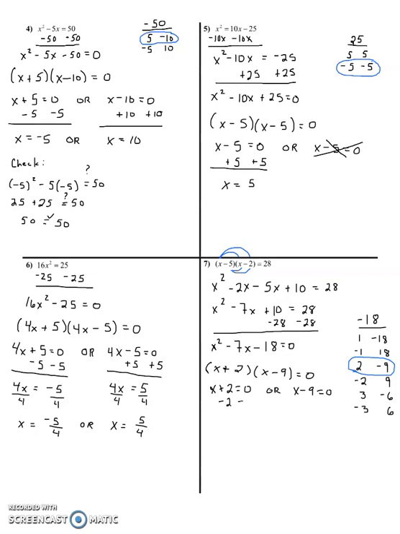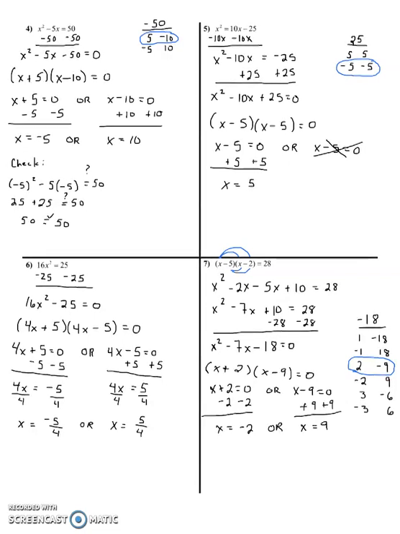Then we solve each one of those equations. The first one by subtracting 2, so x equals -2. And the second one we solve by adding 9 to both sides, so x equals +9. Those are our two solutions.